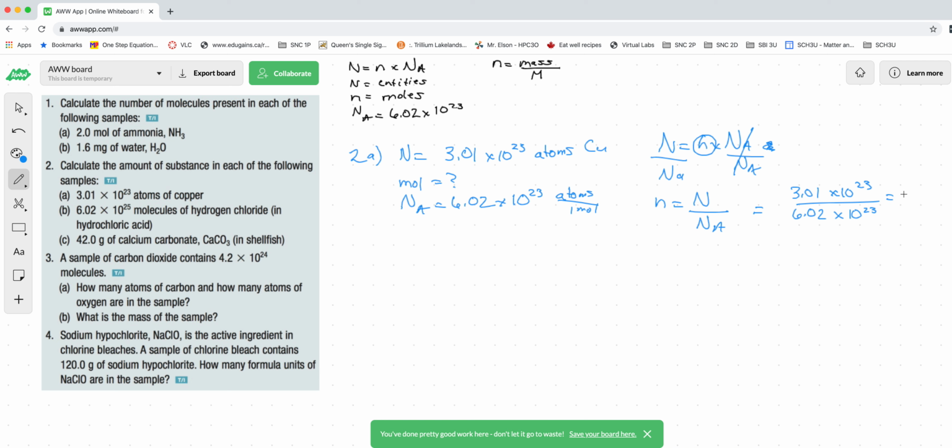So it's going to be less than 1, and we are left with moles. Because it's atoms divided by atoms per mole, which is a fraction. So remember, when we're dividing by a fraction in the denominator, you have to flip and multiply. And that will cancel your atoms.